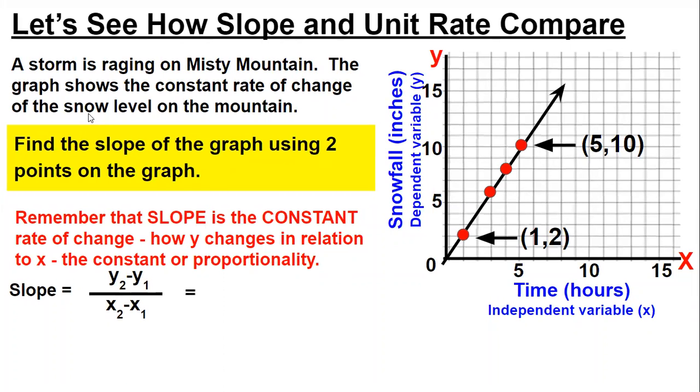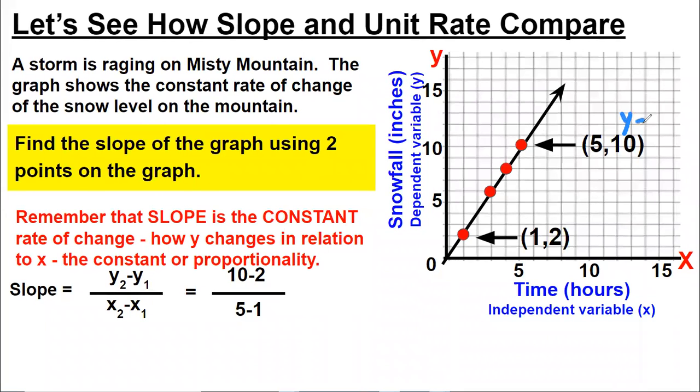So now we have to pick our y2s and our y1s. I picked this as my y2 and this as my x2. This as my y1 and this as my x1. Should really use red, it's easier to see.